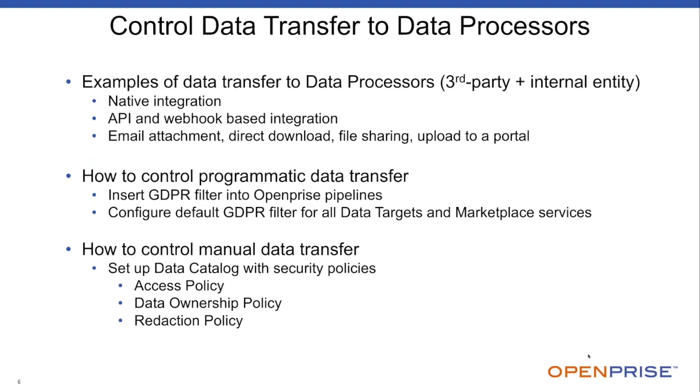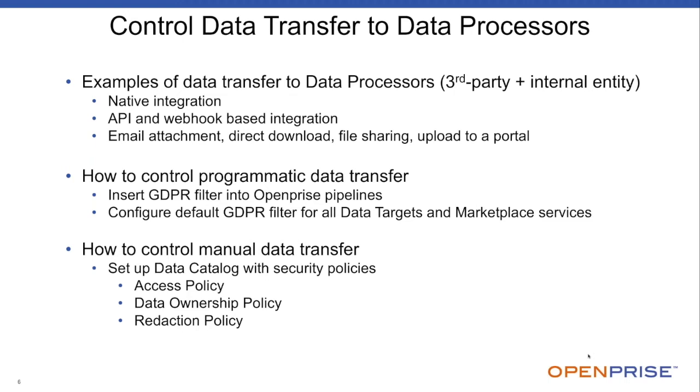Or if, for example, you're using a third-party data provider and you download a file, then upload the file to their portal to do matching, that's a data transfer as well. You just put the data into their system. So again, the extent of the data transfer can be pretty pervasive. So make sure you inventory all these different ways data can leave your system.